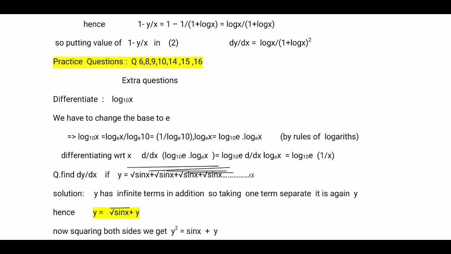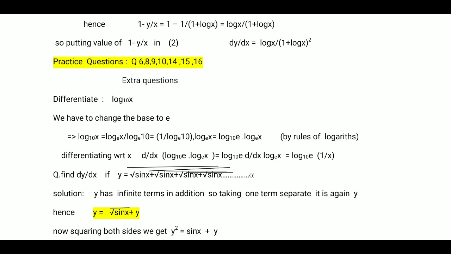If it is log x base e, then it is 1 upon x. But if it has a base different from e, we first change the base of the function by the rule of logarithm. So log x base 10 will become log x base e upon log 10 base e.